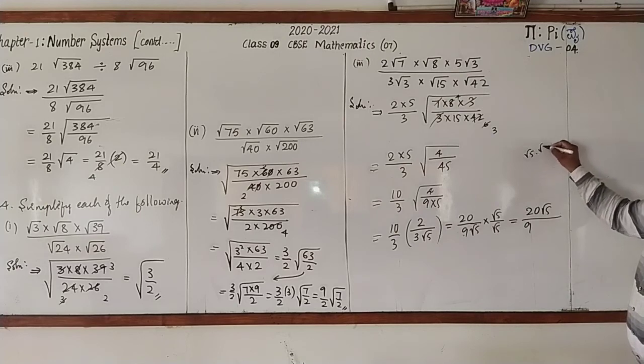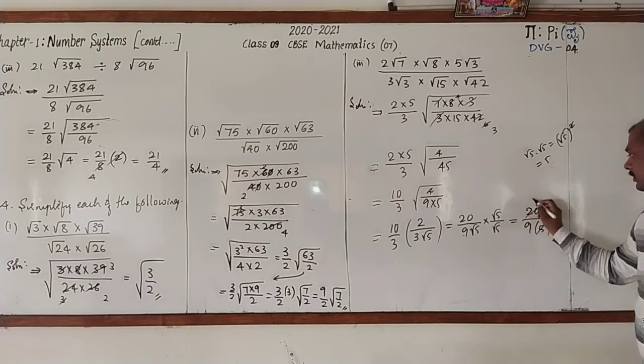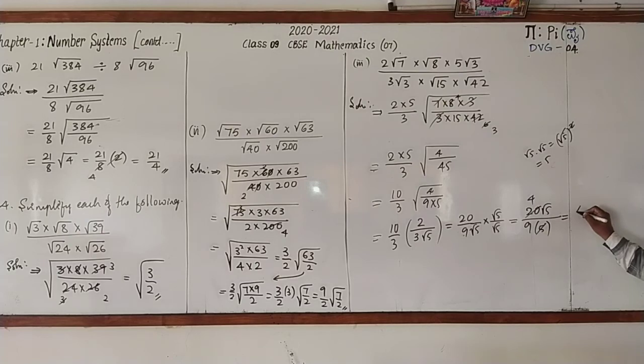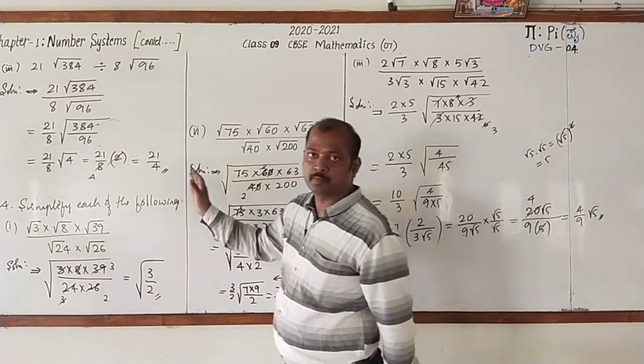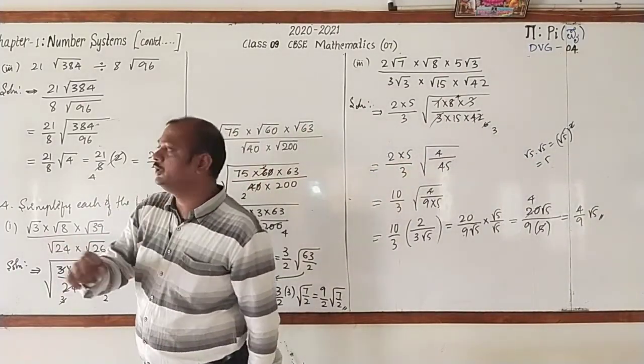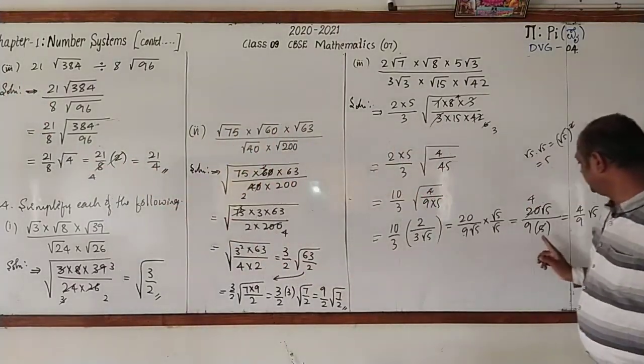Root 5 into root 5 is root 5 whole square. Square and root get cancelled, 5. 5 4s are 20, so 20 by 45 is equal to 4 by 9 root 5. Understood? Please do practice these problems. Now you have to pause the video and copy from here to here.